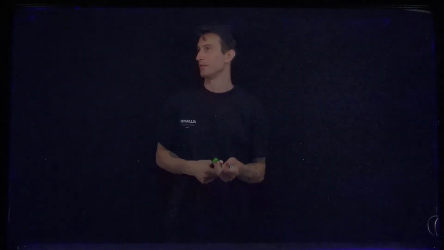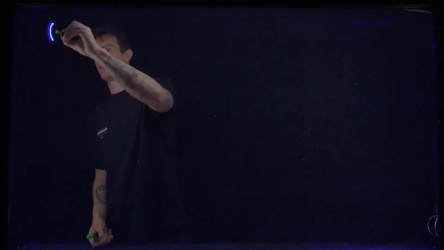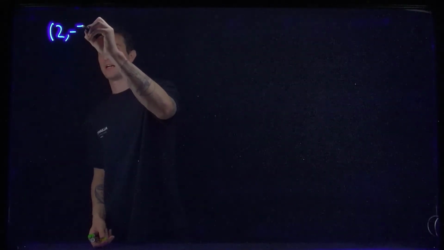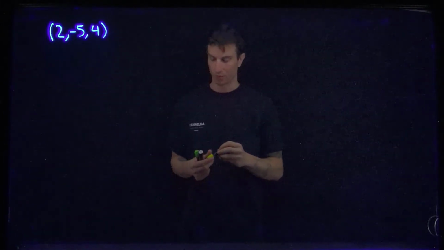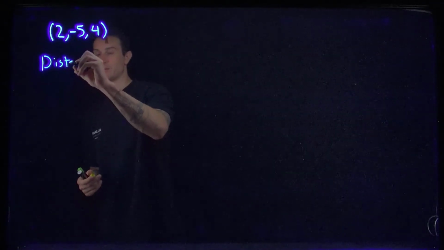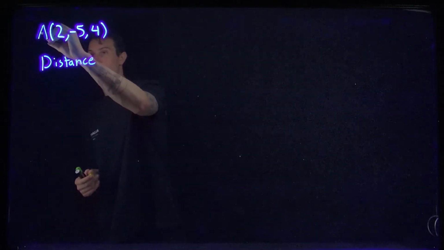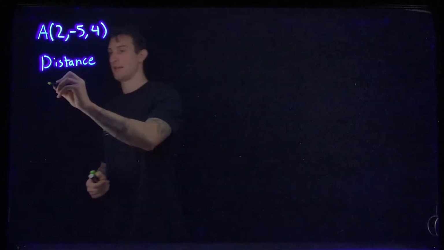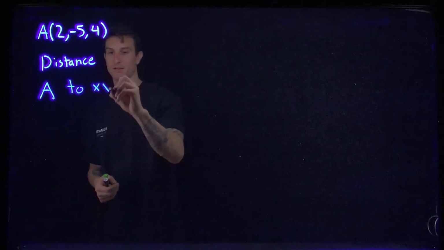All right, now time for some actual examples. These ones will be fairly quick. I'm going to give us a point, so we'll say 2, -5, 4. And what I want us to find with this point is the distance. All right, so these are all distance questions. We'll call this point A. From A to, let's say, the xy plane.